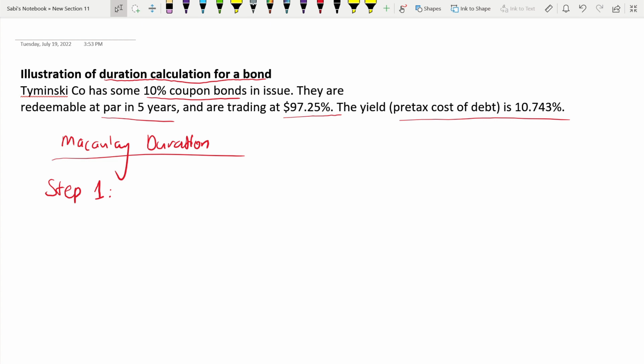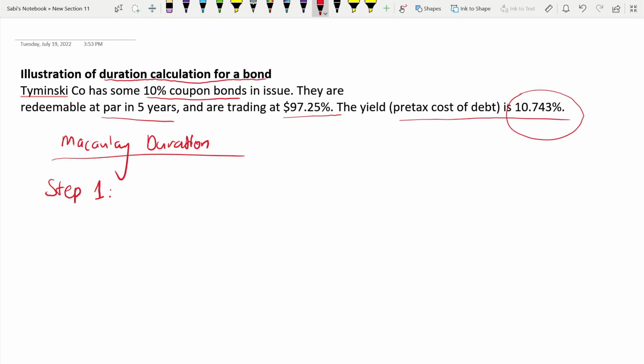You need to calculate the present value of each future receipt from the bond. Using what discount rate? The pre-tax cost of debt. You do not use post-tax, you use the pre-tax cost of debt as the discount rate, because to find present value, you have to find the discount rate also.